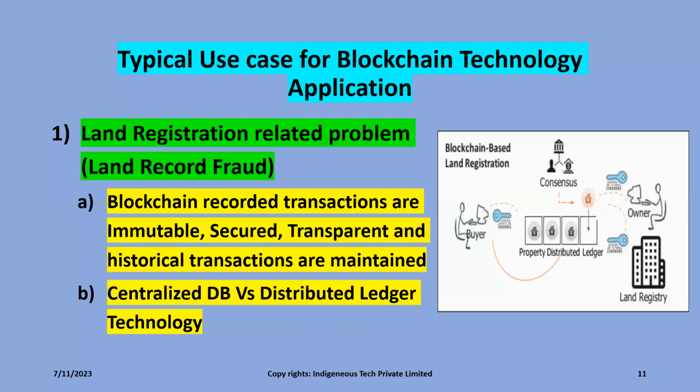Then what happens? The moment he connects to the internet, one of the nearest nodes will copy the complete distributed ledger technology based tables onto that, and the original records will be restored. In short, once a transaction is made and recorded in a blockchain, it cannot be modified at all.